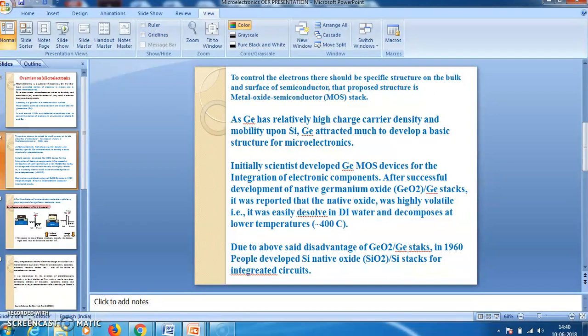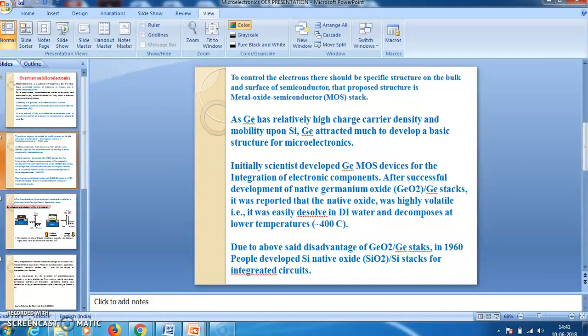So for this, first of all, we have to have two interfaces: one is the semiconductor-oxide interface, the other is the oxide-metal interface. Whenever you want to deposit the oxide, people first of all think about the native oxide of the semiconductor.